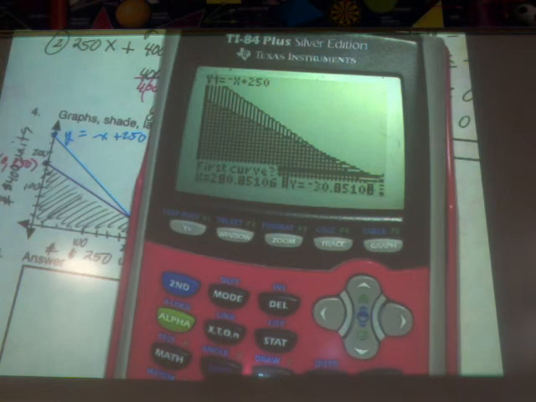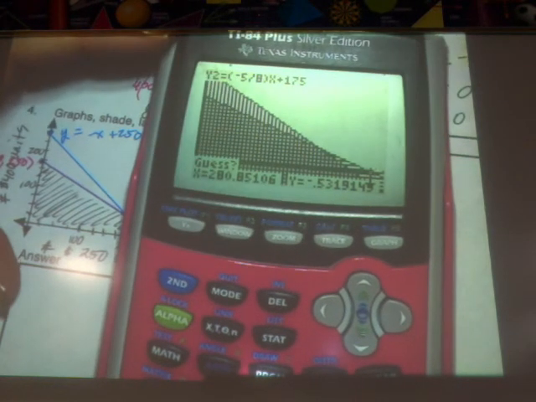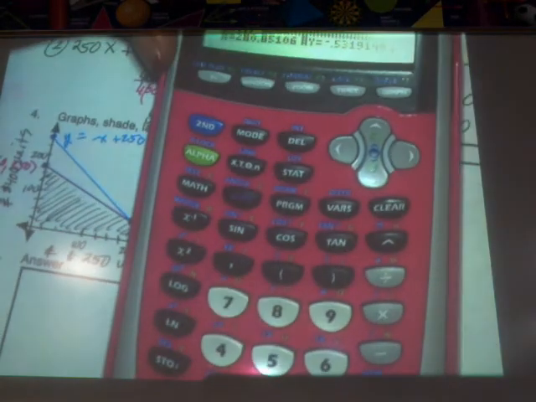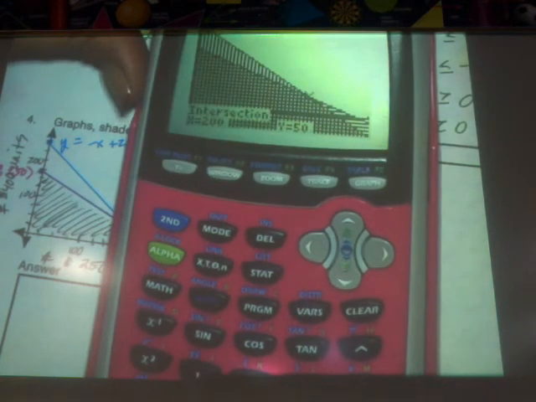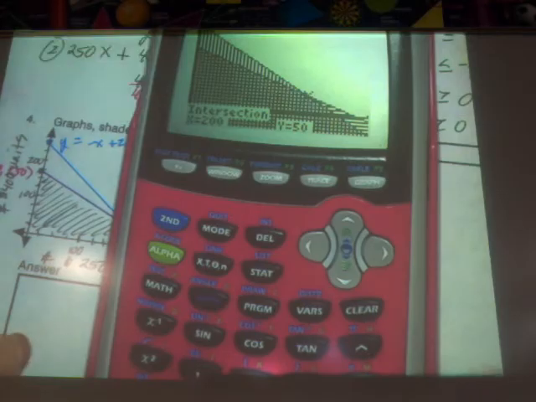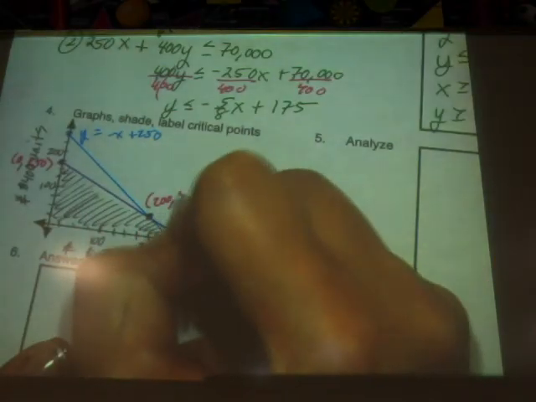And then that's the first curve, and then the second curve it now jumped to the other line, and then all I have to do is hit guess, and what does it say? 280.85. Oh, no. Oh, really? I thought it did. Oh, yeah, you're right. All right, so my intersection is 200, 250.